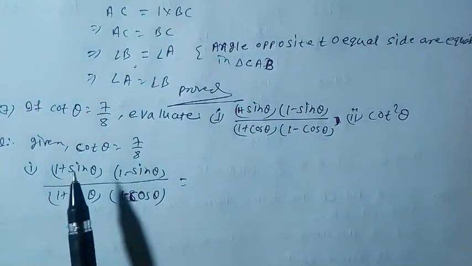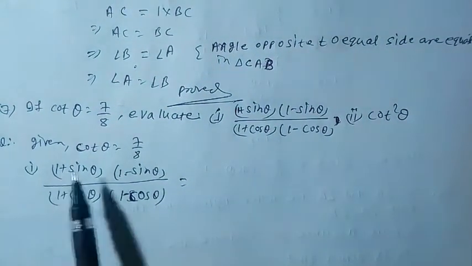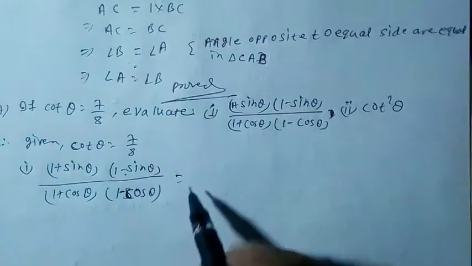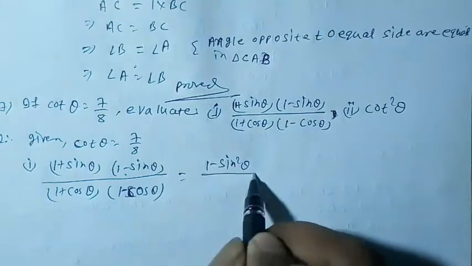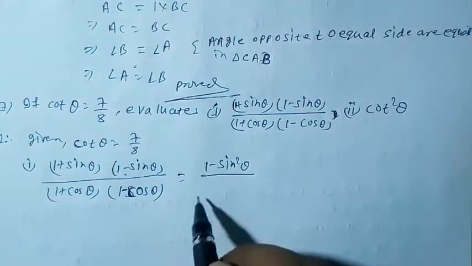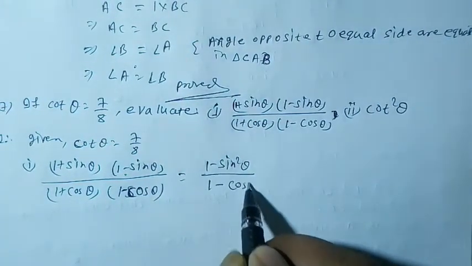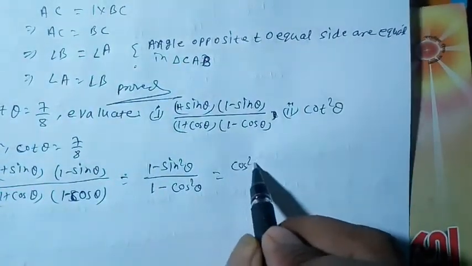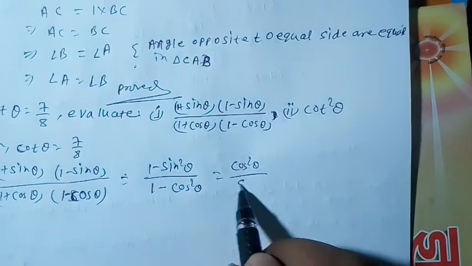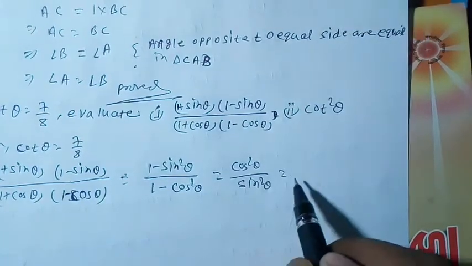Now I apply a formula, A plus B into A minus B is equal to A square minus B square. So 1 minus sin square theta by 1 minus cos square theta. The formula: 1 minus sin square theta is equal to cos square theta, and 1 minus cos square theta is equal to sin square theta.